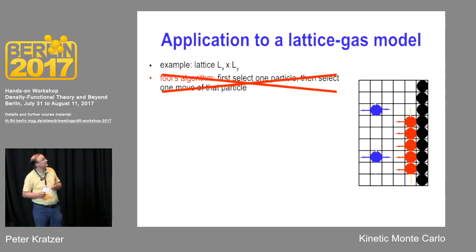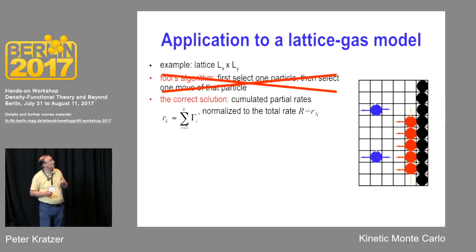What you need to do instead is you need to make a list of all possible moves. Each move has a probability rate gamma, and then you do partial sums. This is the little r_k.